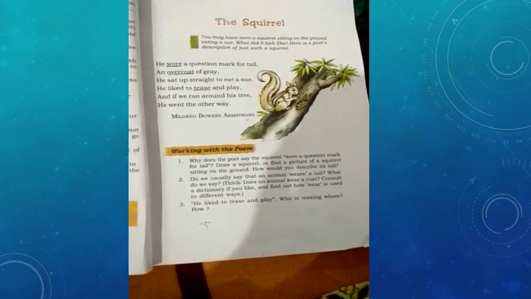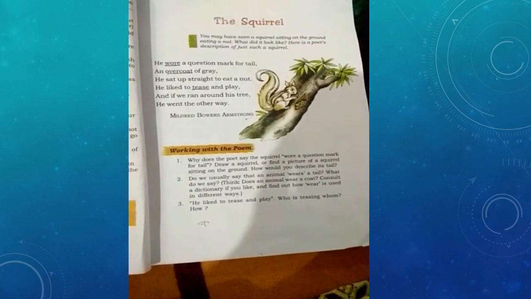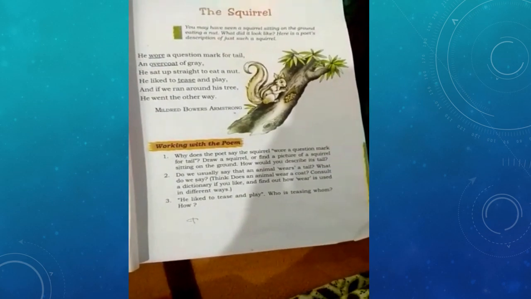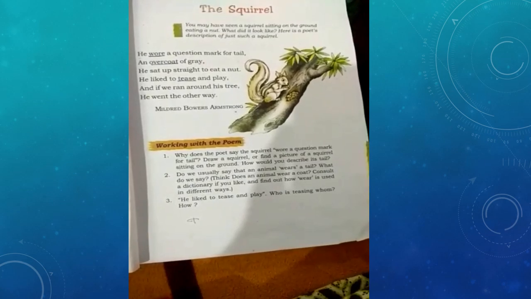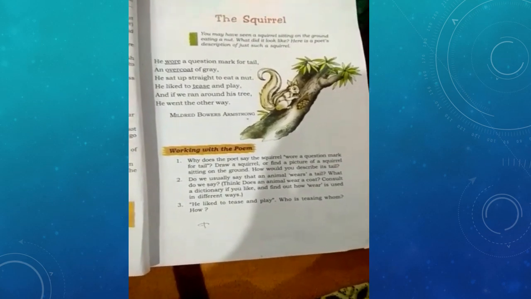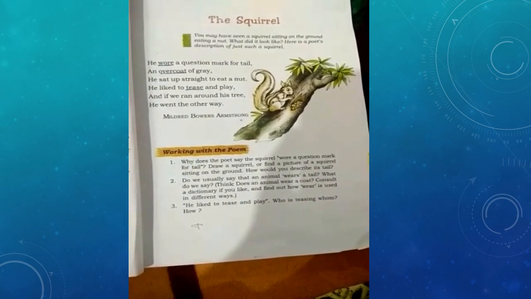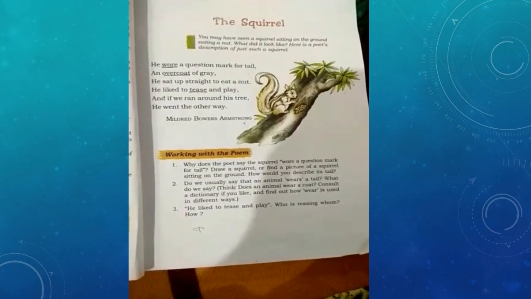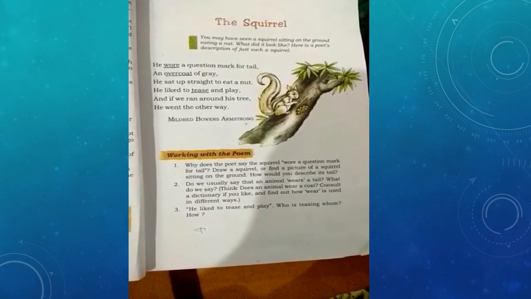Now let's see how the poet described the squirrel in the poem. You must have seen a squirrel sitting on the ground eating a nut. What did it look like? Dear students, based on our observation of the squirrels around us, we can say that a squirrel is a fast-paced animal.